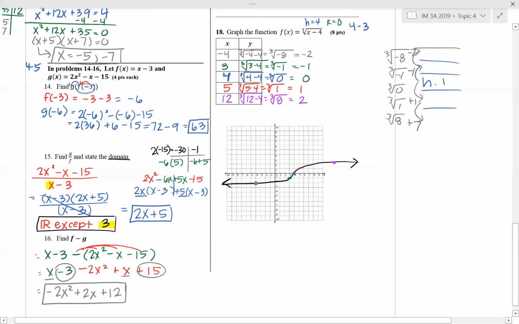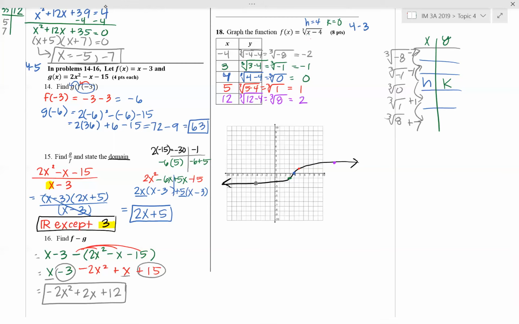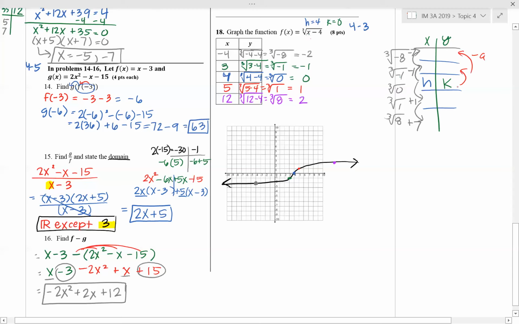Because I'm starting in the middle, K is in the middle. And then it works the same way as the square root, where to go up and down here, I'm using the A value. So again, if I'm going up, I'm subtracting A. If I'm going down, I'm adding A. So our A was 1. Notice all these increase by 1. So if I subtract 1, add 1, that's the case.